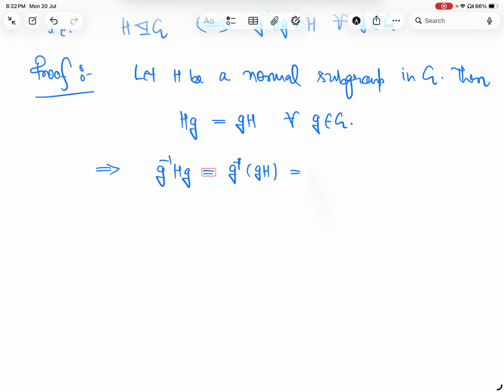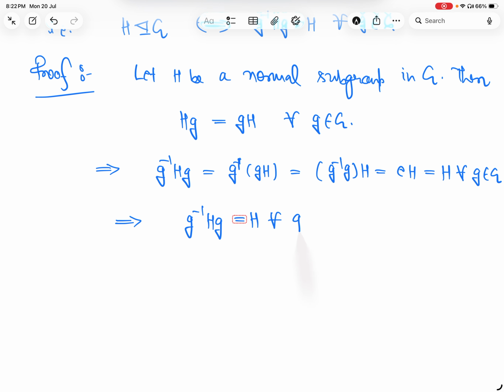By associativity, we can always write it this way, and this is the identity, and this is going to be H for all g belongs to G. So that means g inverse Hg is equal to H for all g belongs to G.